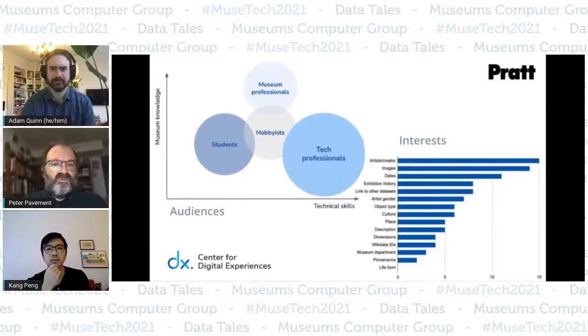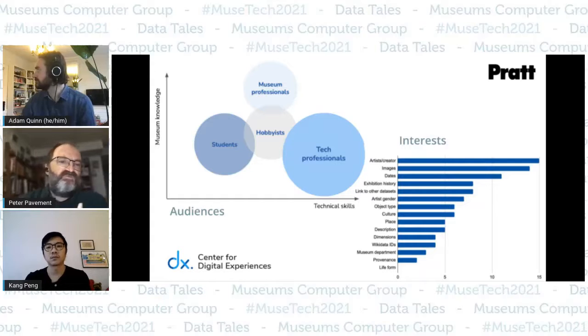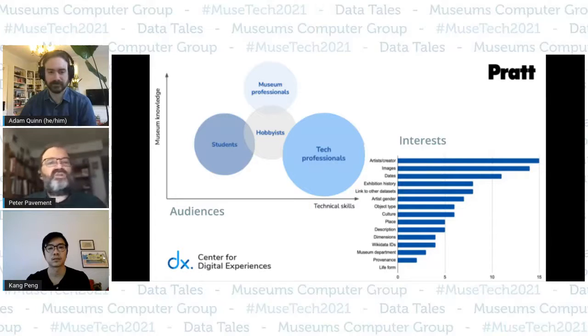And you can see a couple of graphs that came from that report. On the top left, you can see the different kind of sectors that those participants came from. So we have tech professionals was the largest group there on the right, and they have a lot of technical skills, but not much museum knowledge. And you can see museum professionals sort of top middle, and we also have students and hobbyists.